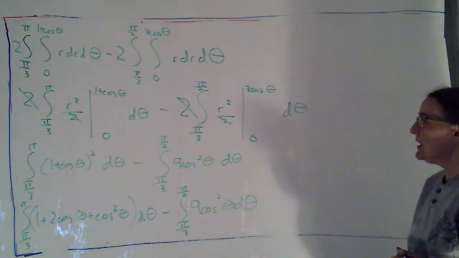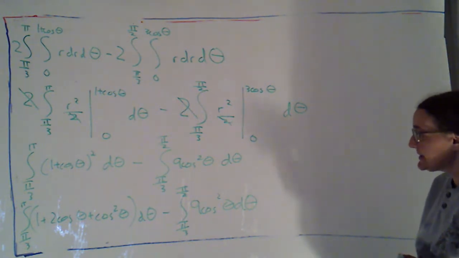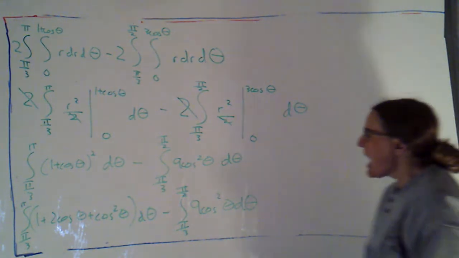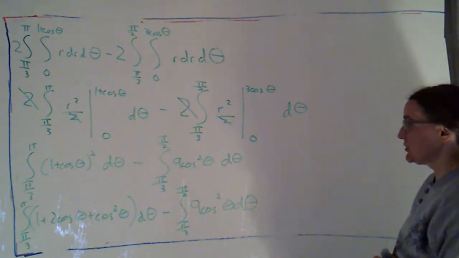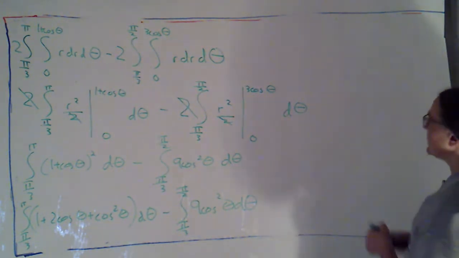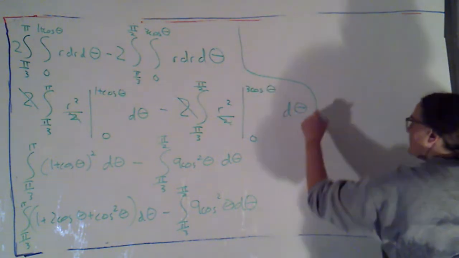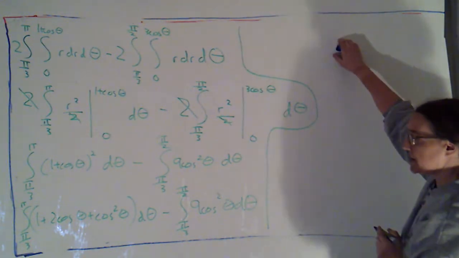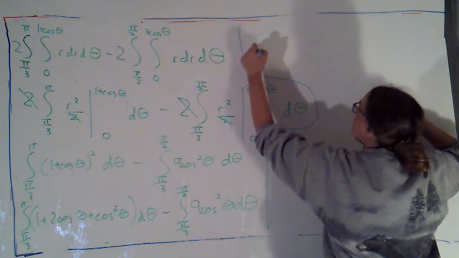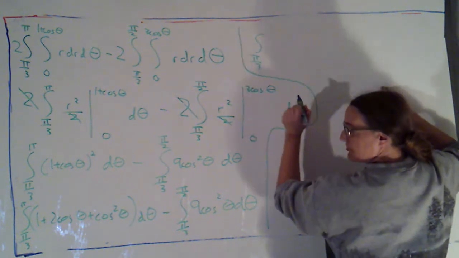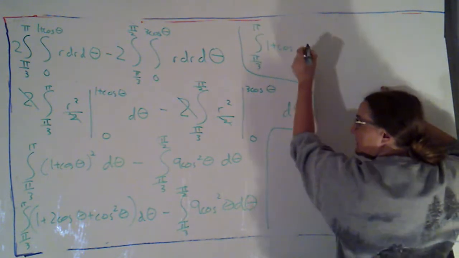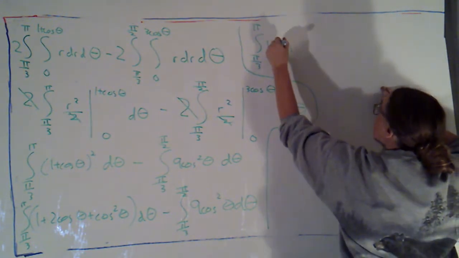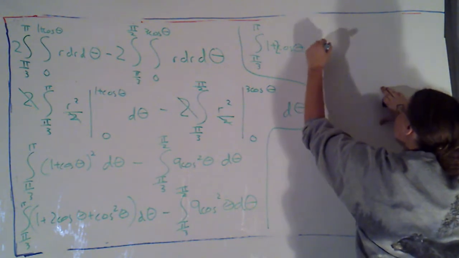Okay, so let's see what this gives us. I'm going to split this up into 2 integrals. So I think I'm going to move up here. I'm going to say that's going to be the integral from pi over 3 to pi of 1 plus 2 cosine of theta d theta.